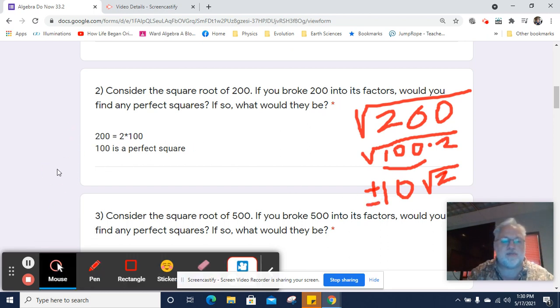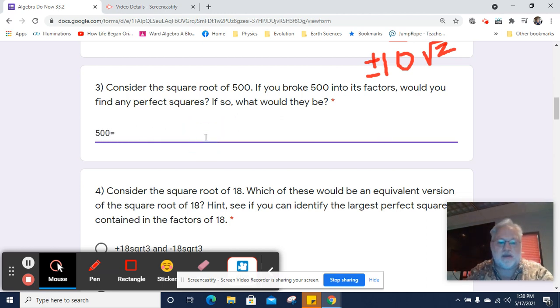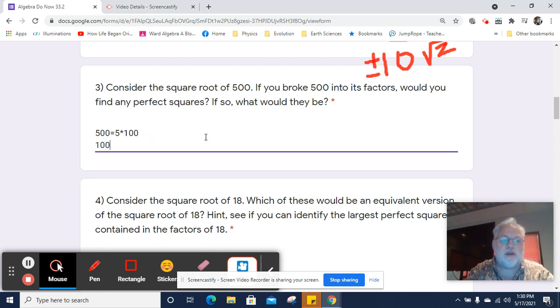Okay, so 100 is a perfect square, and we can take that out. How about 500? Same deal. 500 is 5 times 100. So 100 is a perfect square, and we can do the same thing.